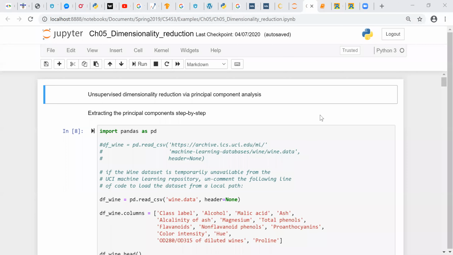So we are going to continue our discussion about dimensionality reduction. So this unit is about dimensionality reduction.